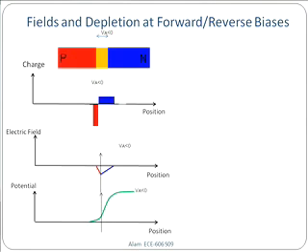Do you realize the electric field will also be smaller? The triangle has gone down, right? Because you're integrating a smaller area. So the electric field goes down when you forward bias the junction. And as a result, of course, the barrier also goes down.